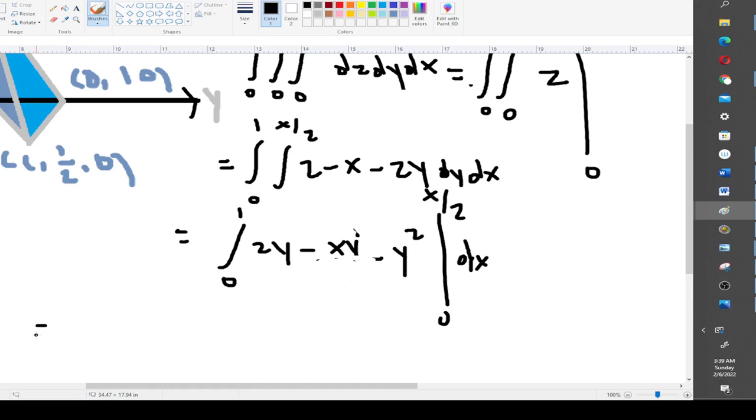So if I do that now, that means I get 2x over 2, which is just going to be 1x, and then minus x squared over 2 for the next part. And then you have minus x squared over 4.